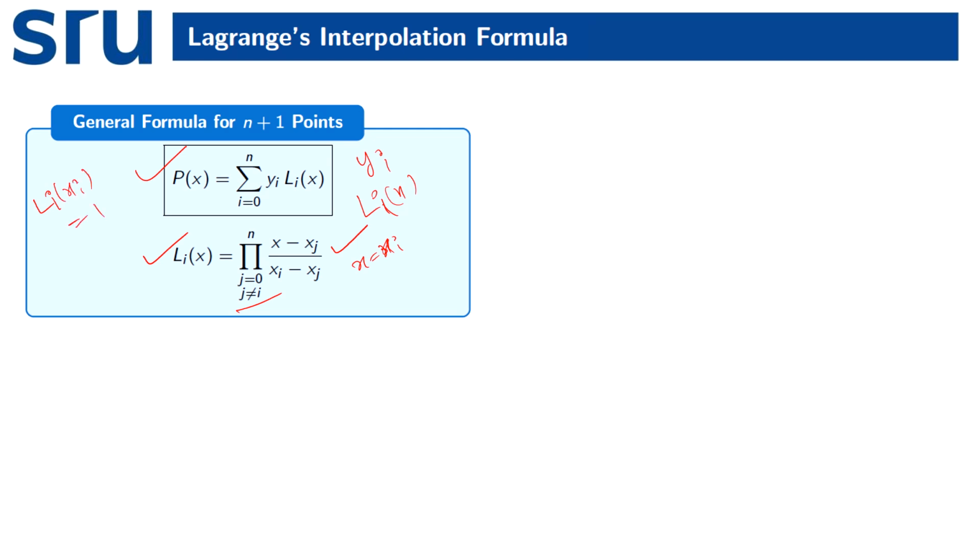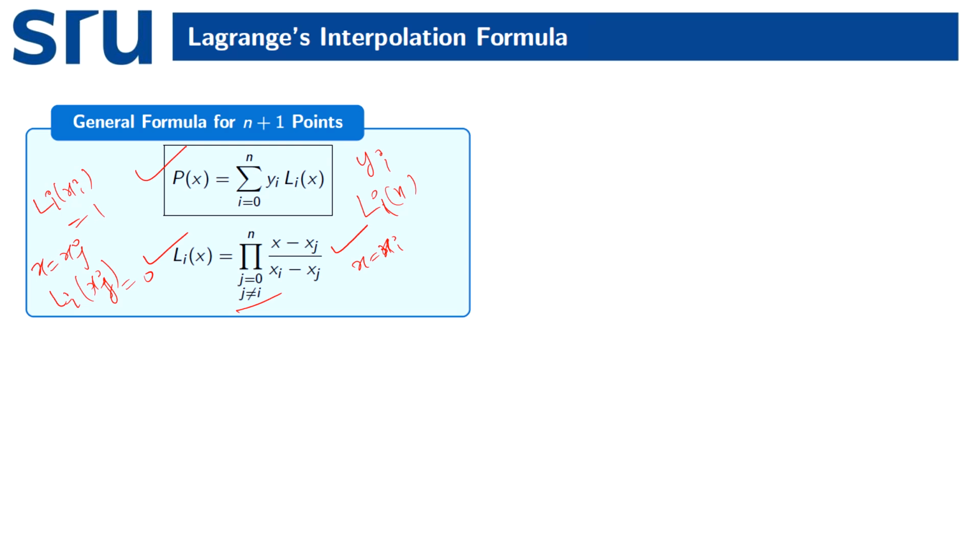Now if I substitute x equal to x_j, the numerator becomes x_j minus x_j, and that will give L_i(x_j) equal to 0. This confirms the special property that we discussed earlier in the last slide.